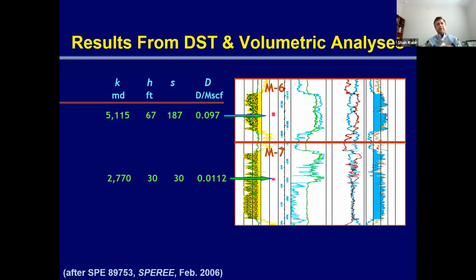So all those things need to be understood when you are designing a game plan or roadmap. And the original gas in place is very comparable, as you can see, even though the thickness is different.